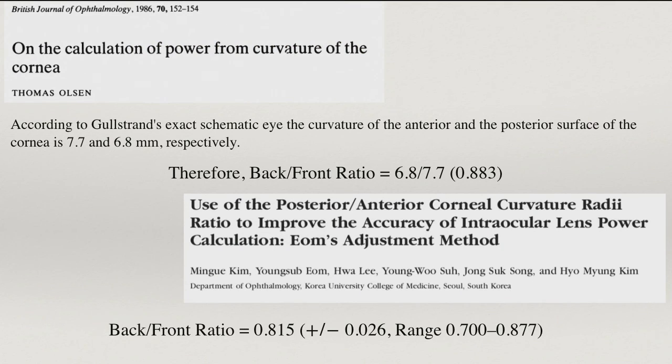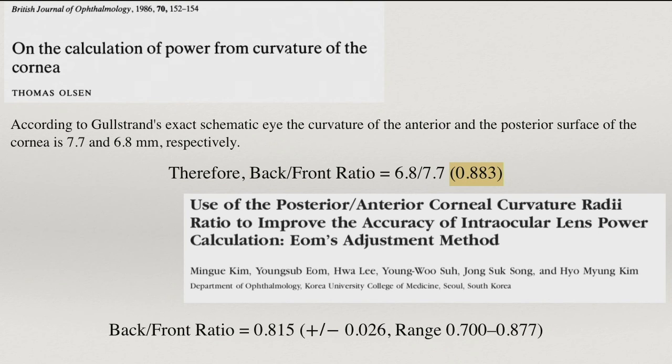Since Helmholtz, Listing, and Gullstrand, we know that there is a relation between the anterior surface and the posterior surface of the cornea, in such a way that the posterior surface diminishes the power of the total cornea. It's believed that there's a ratio between the anterior and posterior power of the cornea, and this ratio varies from 0.8 to 0.9.